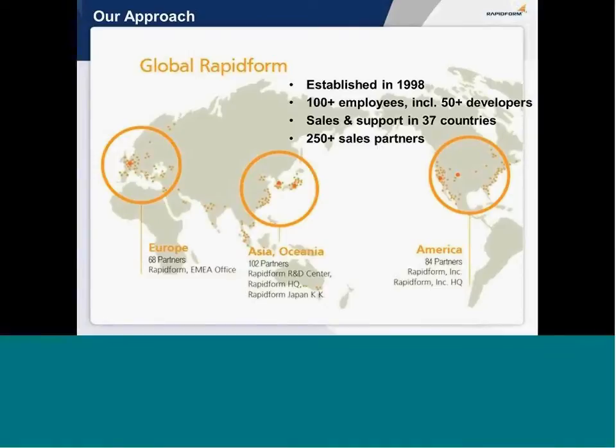So more than half of our employees are developing new features for our software. And we have sales and support in more than 37 countries, divided in three big regions. This is Asia Pacific, Asia Oceania, America, and Europe. And we have over 250 sales partners.